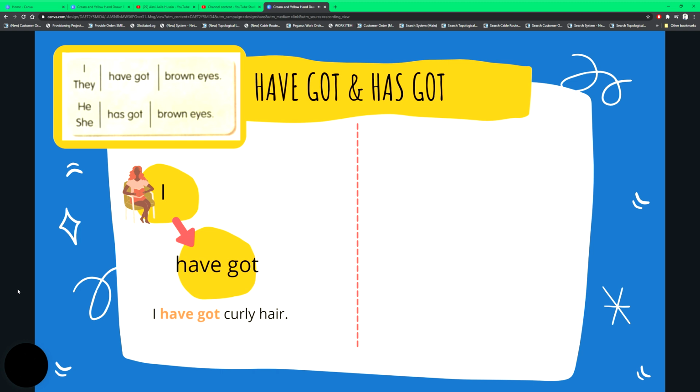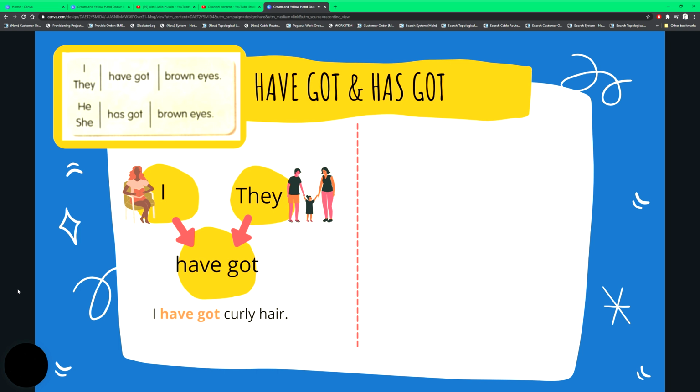What about if you want to use they, you want to talk about a group of people. They means it's more than one person. In this picture you can see there are three people here. So you want to say they, so you have to use have got.